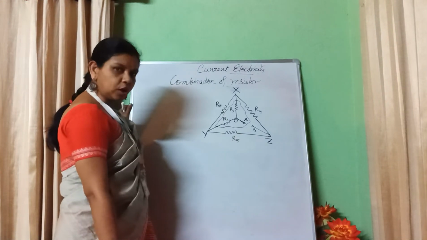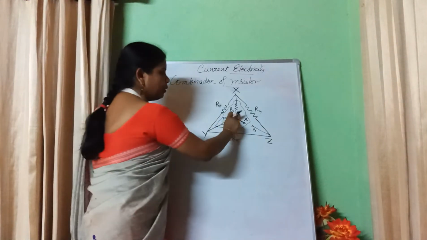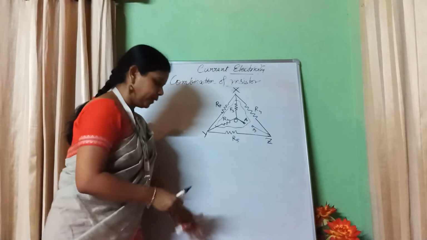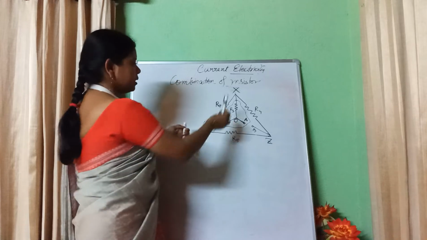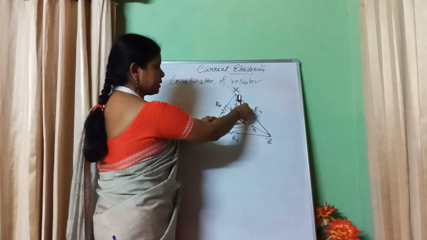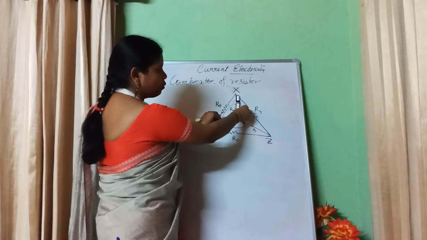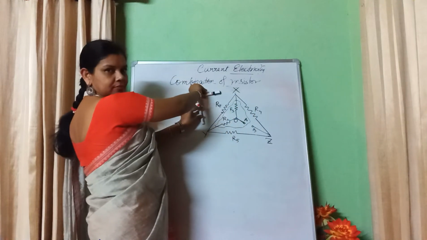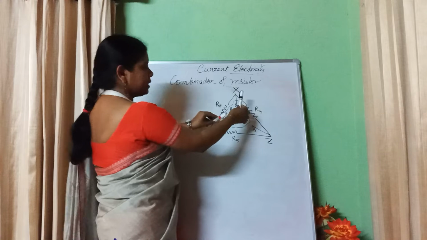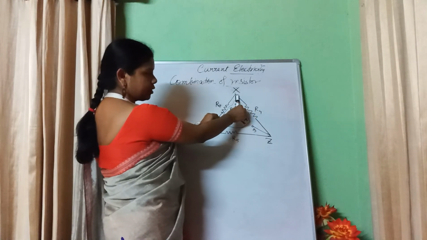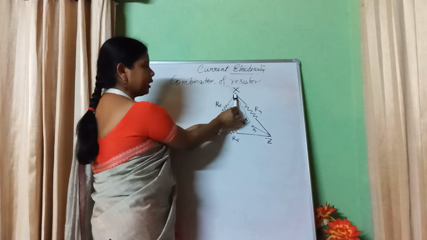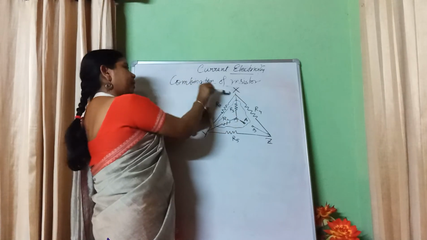So what we will do, we will pull it, then we will fix it. Initially it is like this. We are holding here and pulling it and keeping it like this.